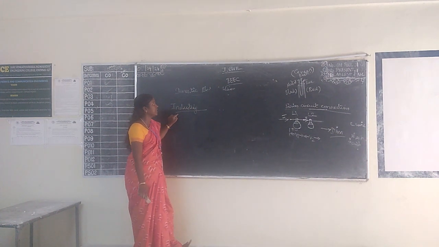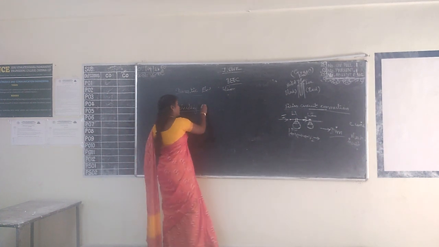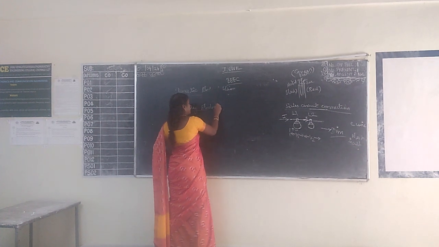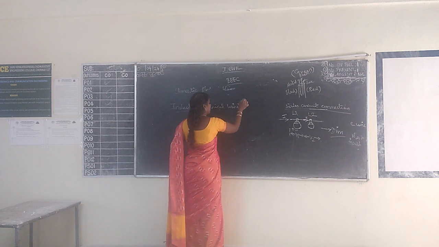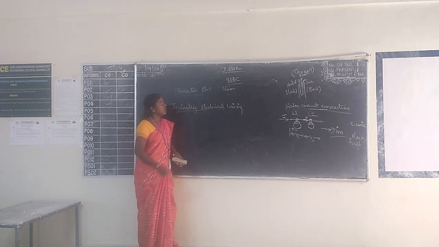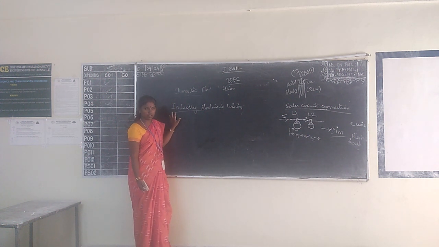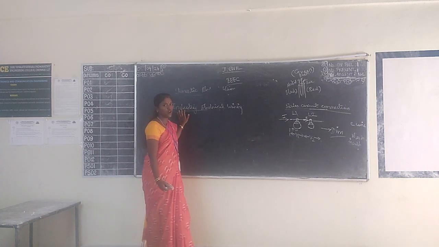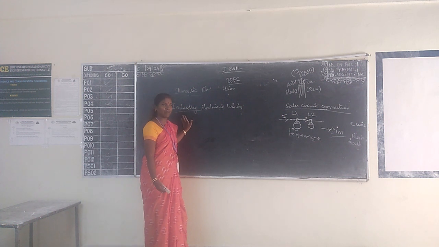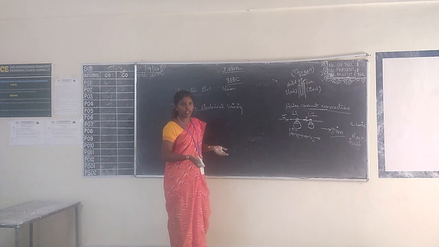For the industry based electrical wiring, yes. We are not going to use the same domestic electrical wiring we use for the industry. Why? Since the industry requires more power, they will be having many different sets of machines which require more voltage.